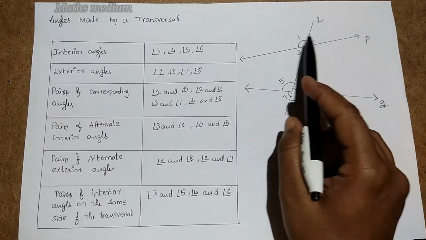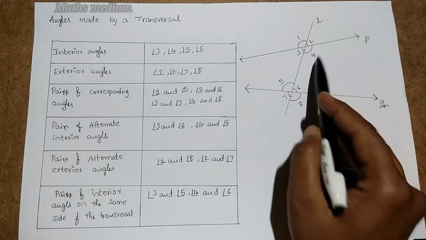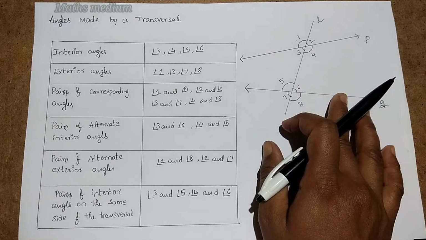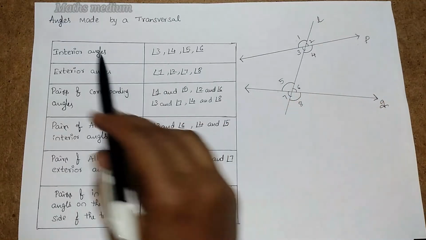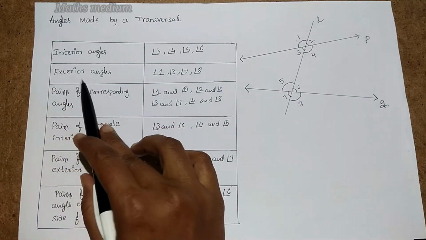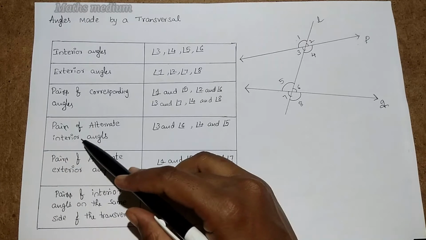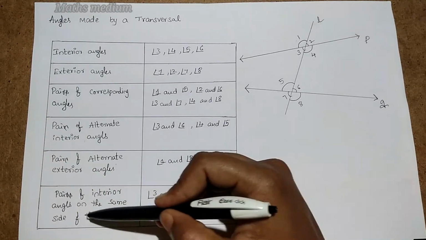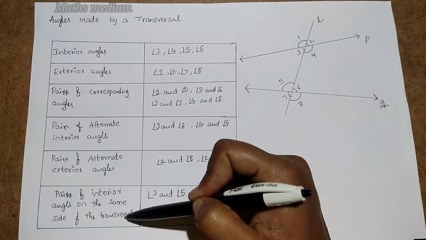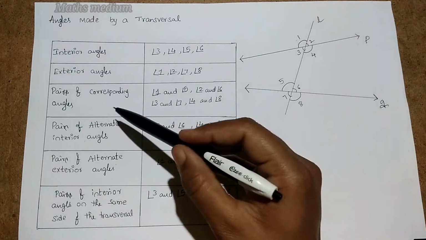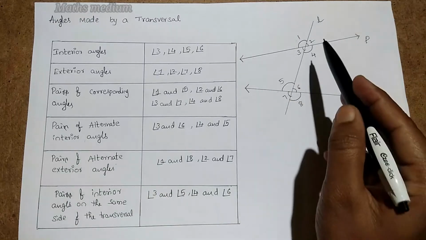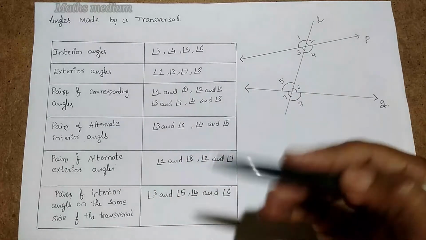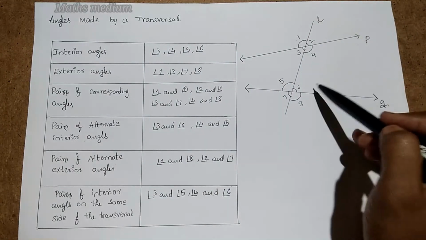So here we have 1, 2, 3, 4, 5, 6, 7, 8 angles formed by the transversal. Those are named as interior angles, exterior angles, pair of corresponding angles, pair of alternate interior angles, pair of alternate exterior angles, and interior angles on the same side of the transversal. These are the main angles made by a transversal. Interior means inner, that means between the two lines.